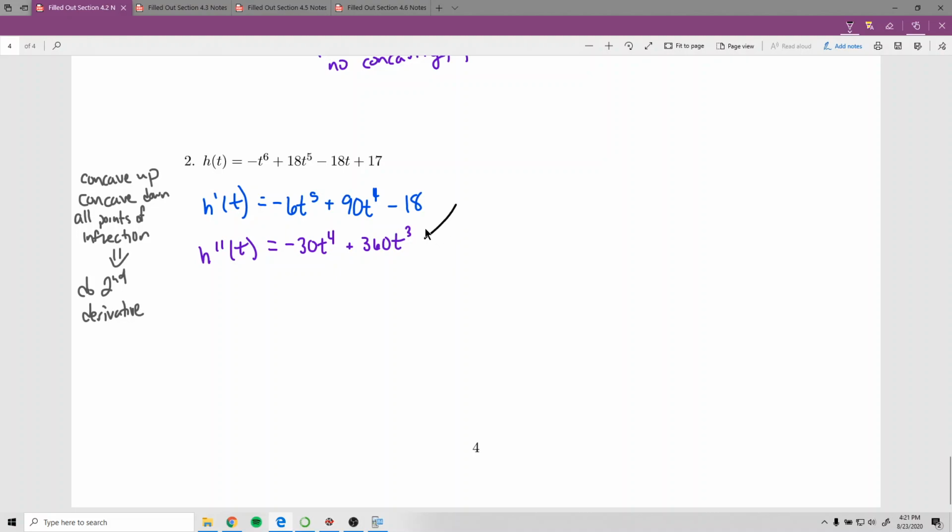Set it equal to 0 to find the partition numbers. And then I'll just make a note here. If you did have a fraction, you'd set the top and bottom equal to 0 to find the partition numbers, just like we did last section with the first derivative.